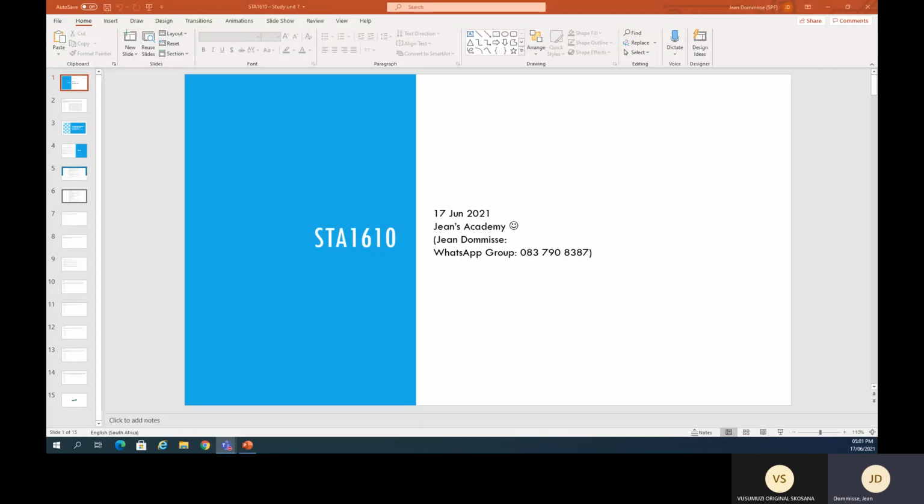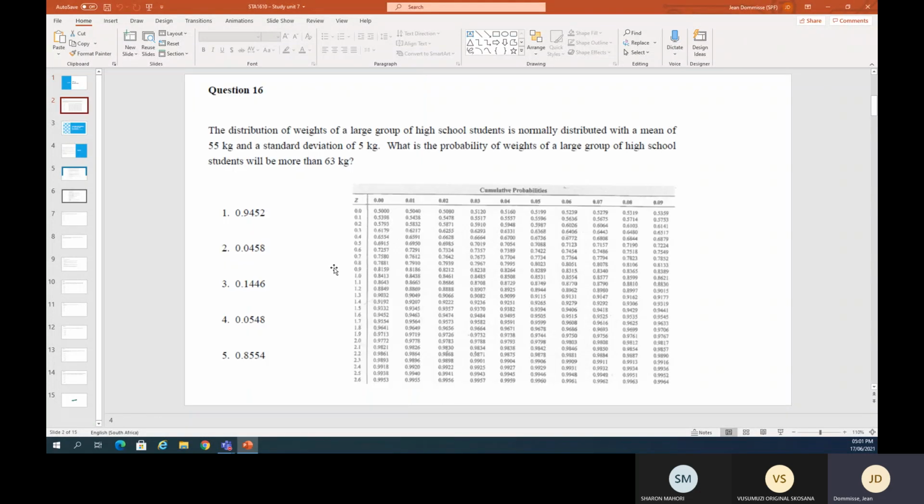Basically, just going to end off study unit 6 with that one question still left from last week, and then going to focus on study unit 7. Okay, so let's look at study unit 6, that last question.